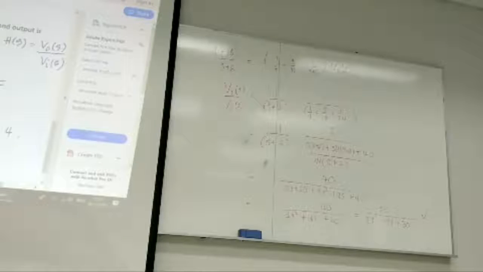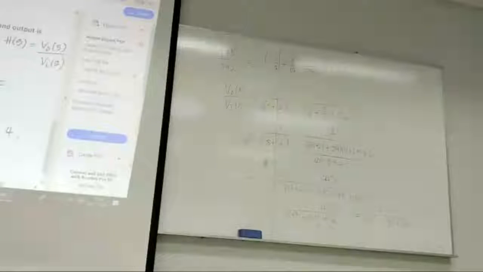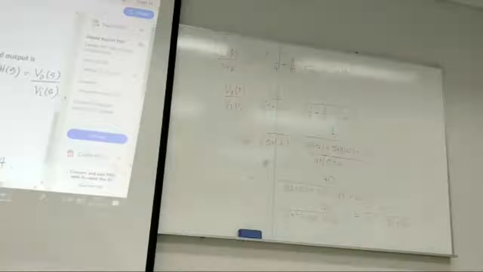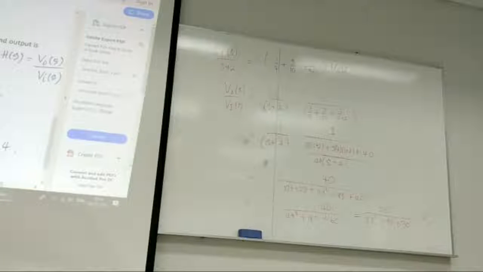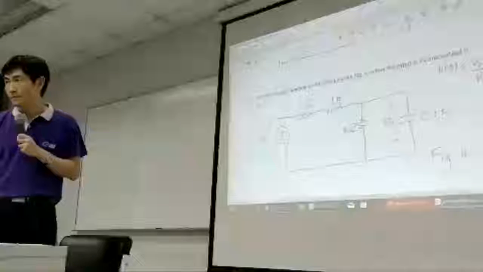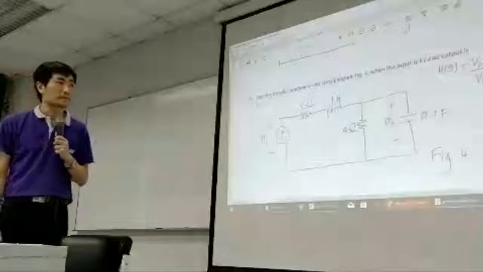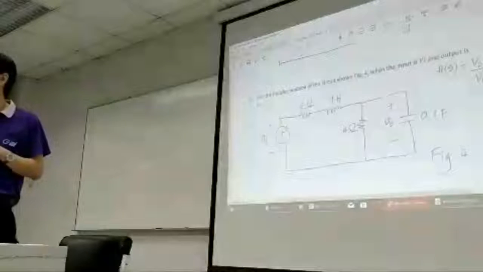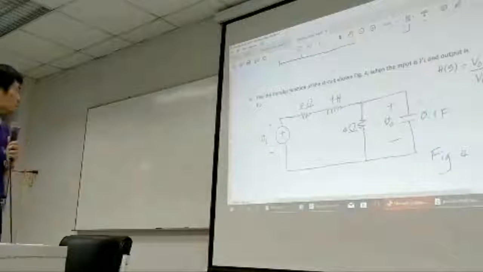So basically, when the problem asks you to find the transfer function, it's easier than asking you to solve for current or voltage, even in the exam. Yeah, in the exam, I will ask you to find the transfer function.